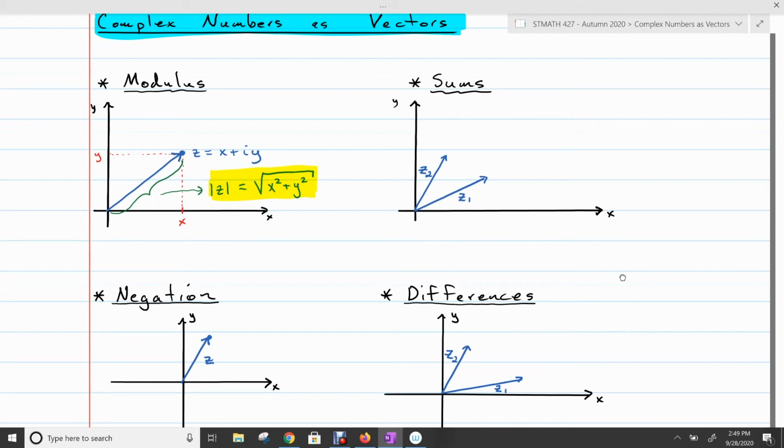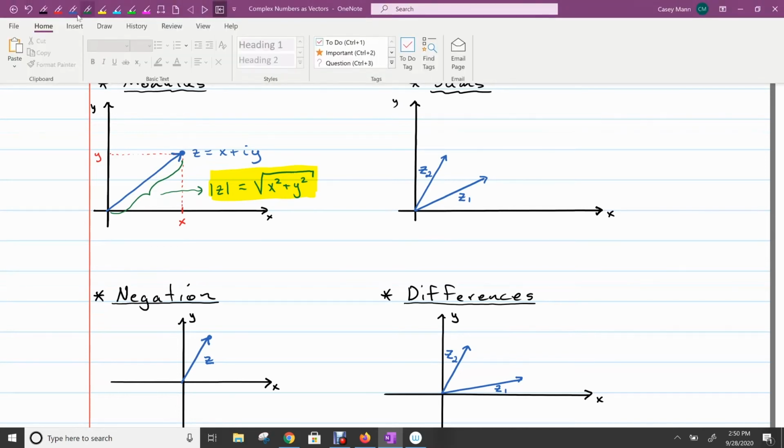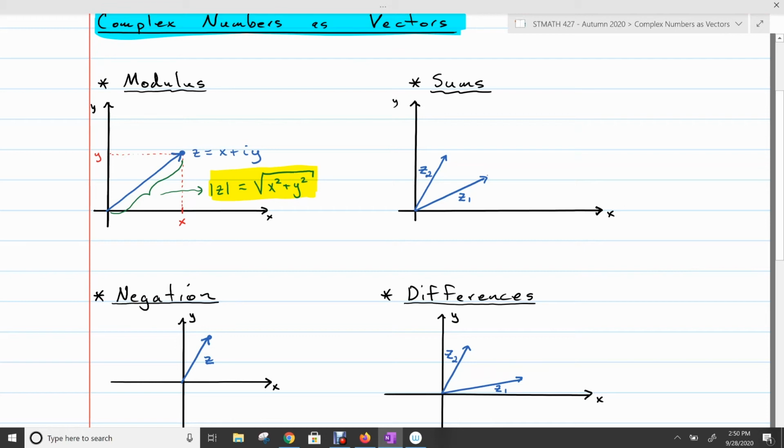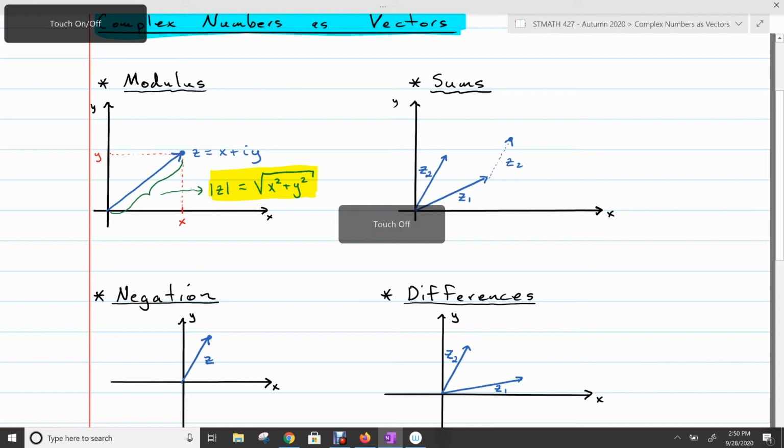When we sum two complex numbers, the easiest way for me to think about it is if I want to do z1 plus z2, that just means that first do z1, and then from the endpoint of z1, then do the vector z2. So in this picture that I have on the top right here, starting from the end of z1, if I would make a copy of z2, so this is a copy of z2 here, then the sum is this vector in red.